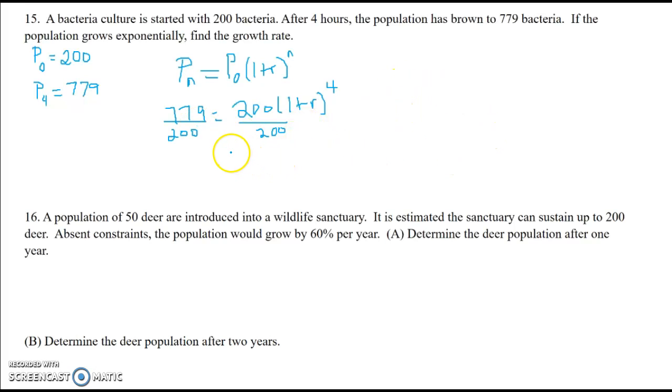And so on this side, I'm going to have 1 plus R to the 4th. And on this side, I'm going to have 779 divided by 200. That happens to be 3.895.